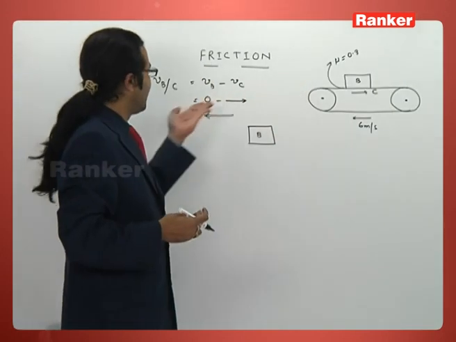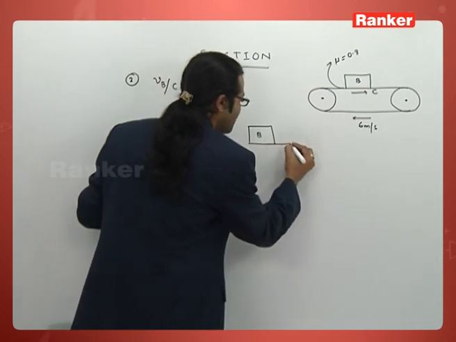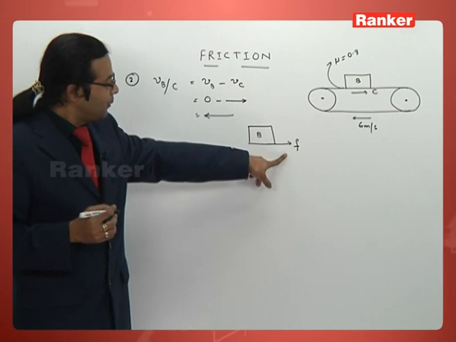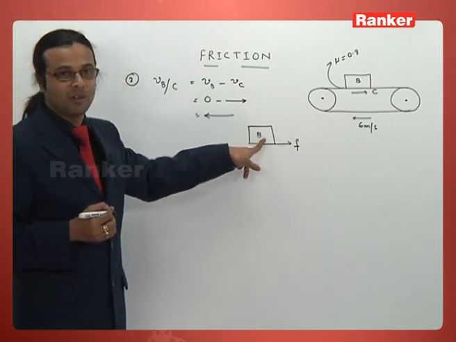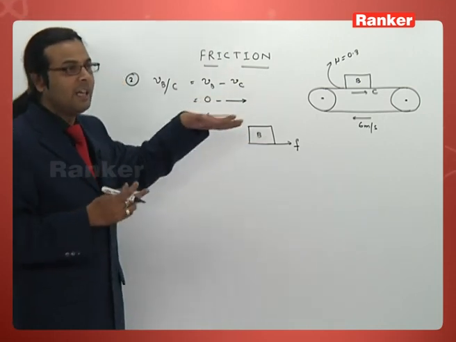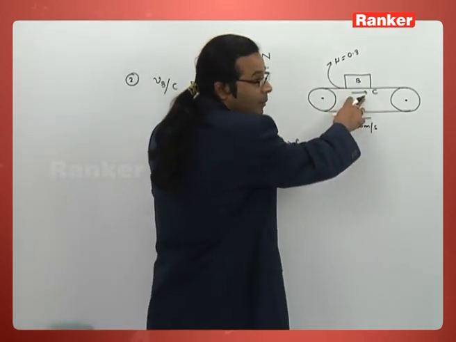And since it is having a velocity, it is under slipping condition, so frictional force will be in this direction. What will this frictional force do? This frictional force will try to accelerate this block until relative motion stops, meaning velocity of block must be equal to velocity of conveyor belt.